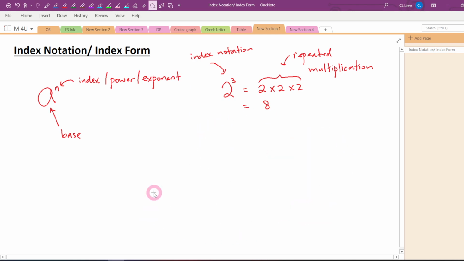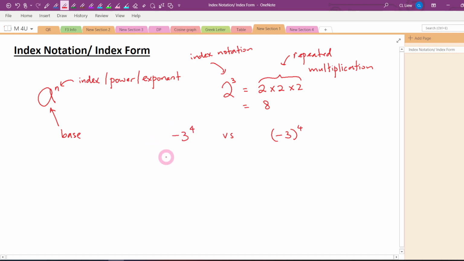Now, when you have a negative number or fraction, you need to be extra careful. For example, negative 3 to the power of 4 compared with negative 3 to the power of 4, this one with parentheses, this one without parentheses. Their values are actually different.